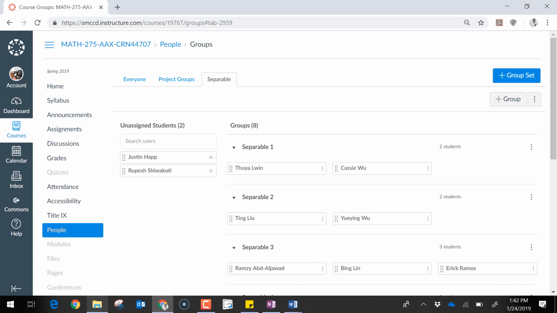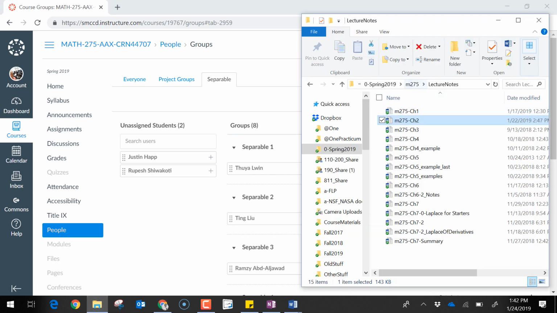I'm going to put the problems on the screen. So there's 4 problems. So group one will do problem number 1. Group 2 will do problem number 2. And then group 5 will do problem number 1. Group 6 will do problem number 2.